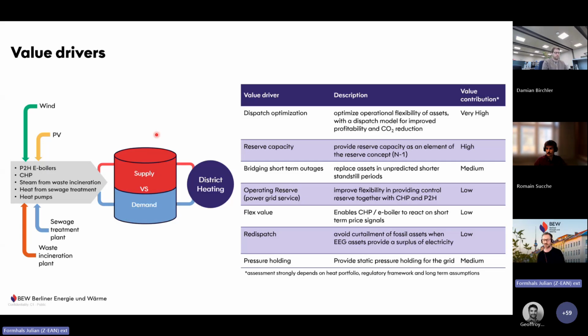And as I mentioned as well, you can use this for static pressure holding. If you have a pressure of roughly 4 bar at the top of it, you can use it for this as well, if it fits your district heating system. But this storage was deliberately designed to do so.